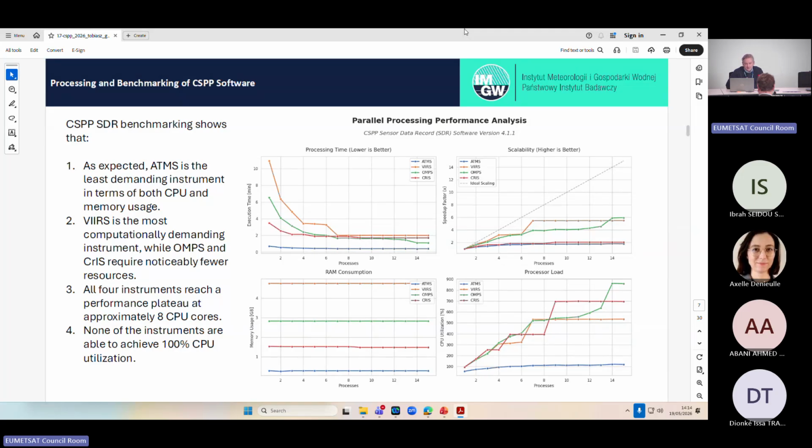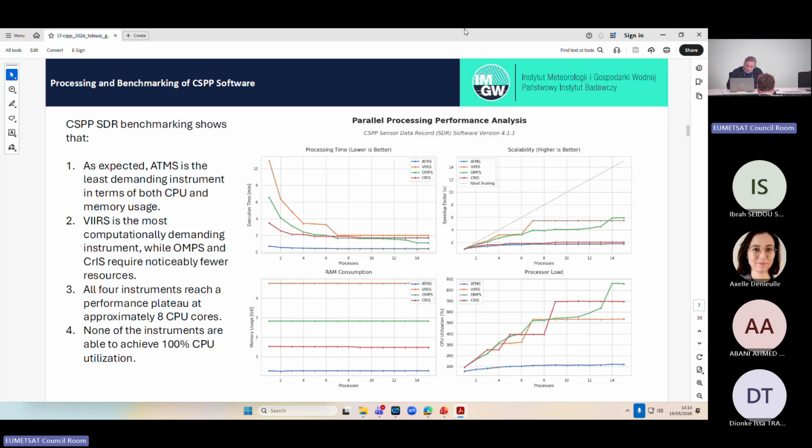ATMS is the least demanding instrument in terms of CPU and memory usage. We can see on this picture, VIIRS is the most computationally demanding instrument, while the OMPS and hyperspectral instruments require noticeably fewer resources.